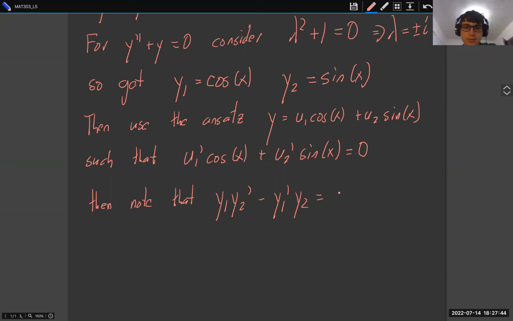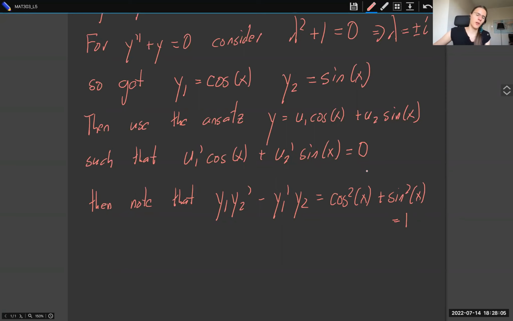Well, let's see. The derivative of sine is cosine, so we get cosine squared, plus sine squared x. And by Pythagoras, that's equal to 1, because these points all lie on the unit circle.